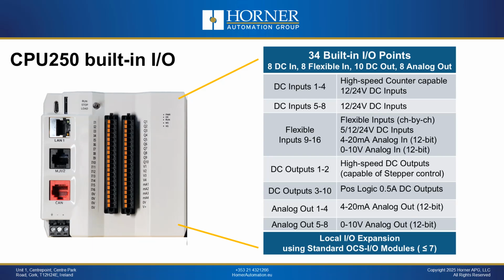The built-in I/O for the CPU250 has a total of 34 built-in I/O points, 8 of which are what we call flexible inputs. They can be digital or analog, and we also feature 8 analog outs, which is a large number of analog outputs for a product in this product category.